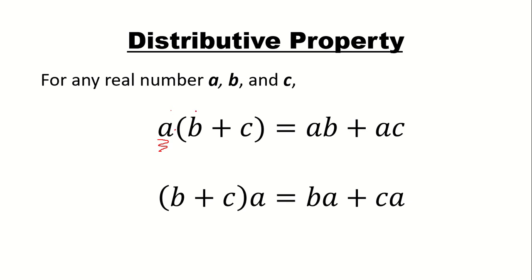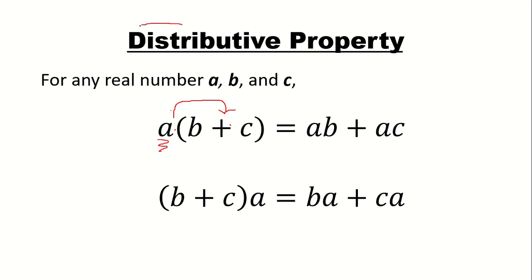So this is a multiplication. And inside the parenthesis, there are two numbers and they are grouped together because of the parenthesis. And the operation is addition. So that's why it's multiplication over addition.